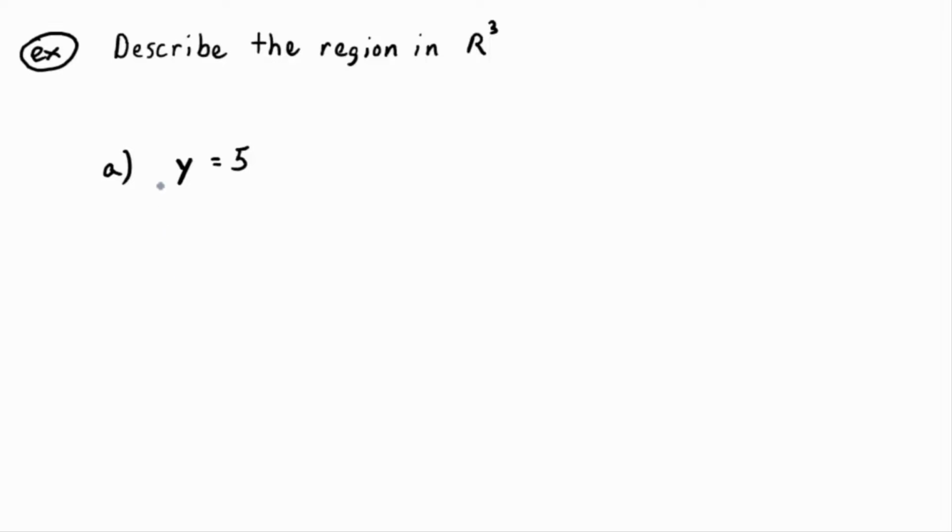So this is also a plane. I'll say a plane parallel to what? It's got to be parallel. When there's only one letter describing it, it's going to be parallel to the coordinate plane defined by the other 2 letters. Does that make sense? So it's a plane parallel to the XZ plane.